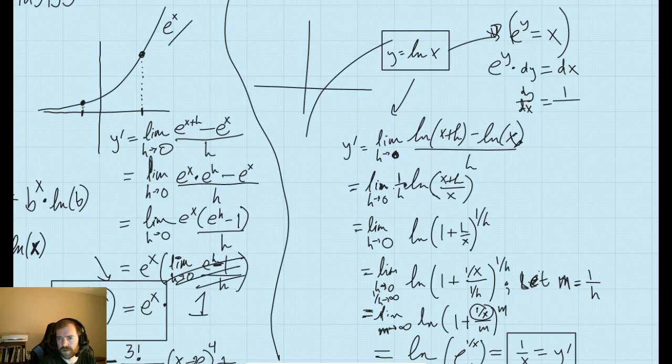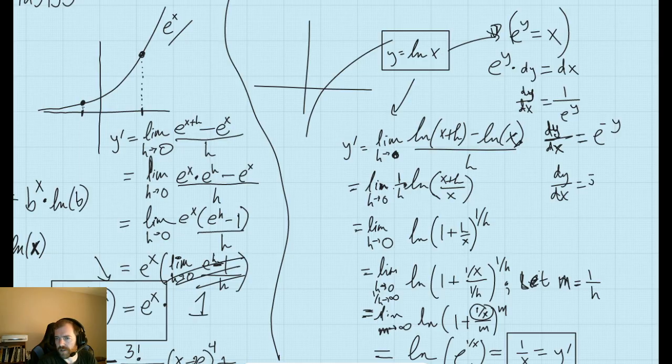Is equal to 1 divided by e to the y. Or we could do e to the negative y. Let's not make it any harder than it needs to be. So with that, we now know that dy dx is equal to, well, y was just natural log of x from the beginning.